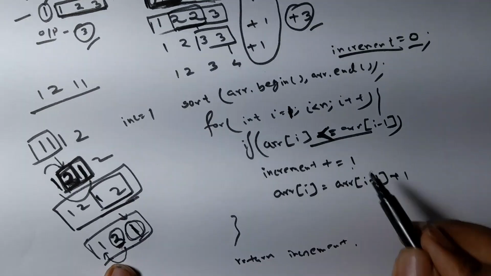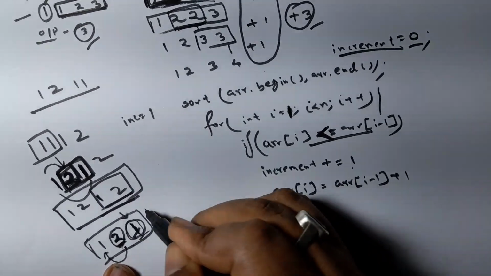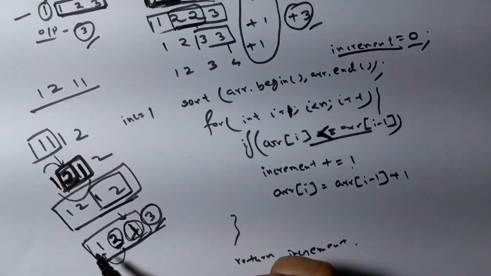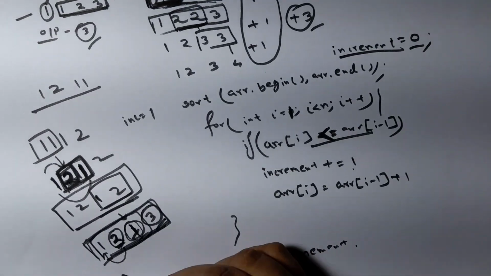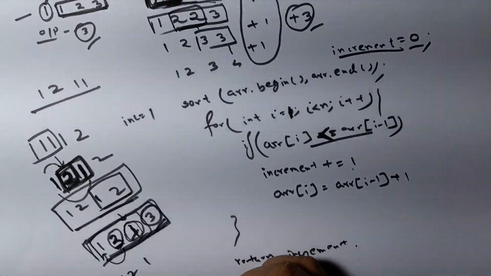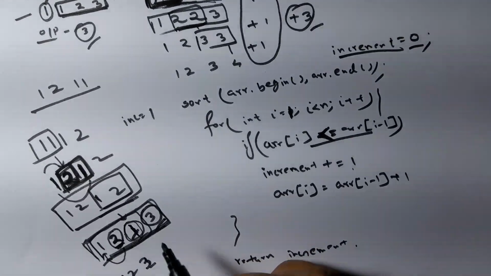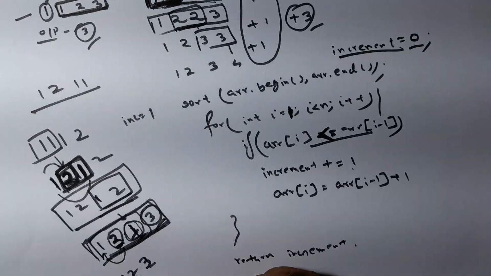Then what I will do, I will change this 1 to 3. By this only you can say that this part is unique. I have converted this 1 to 3 because I am approaching one element which is smaller than this.